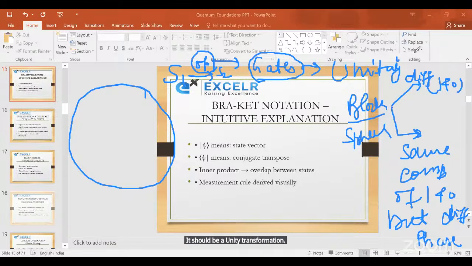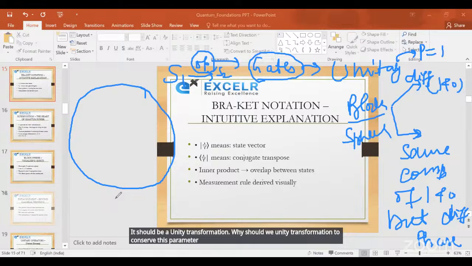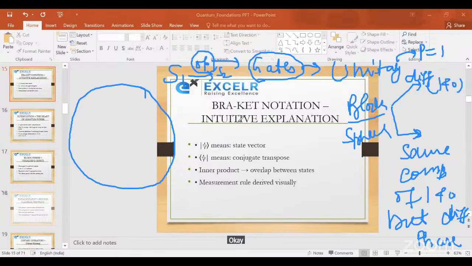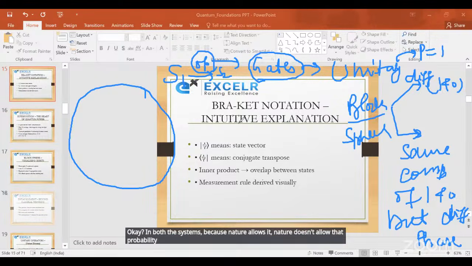Why should it be a unitary transformation? To conserve the total probability of 1 in both systems, because nature does not allow probability to leak out. So probability should remain conserved.